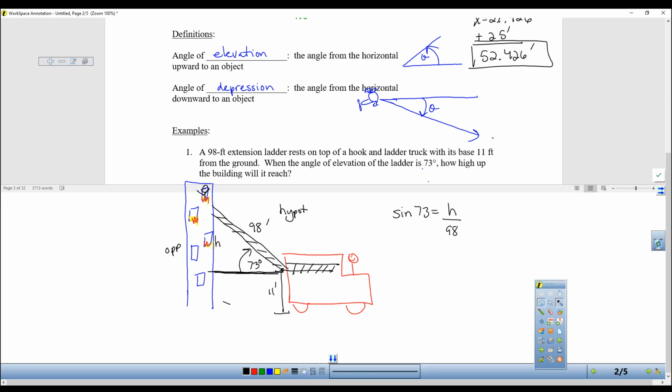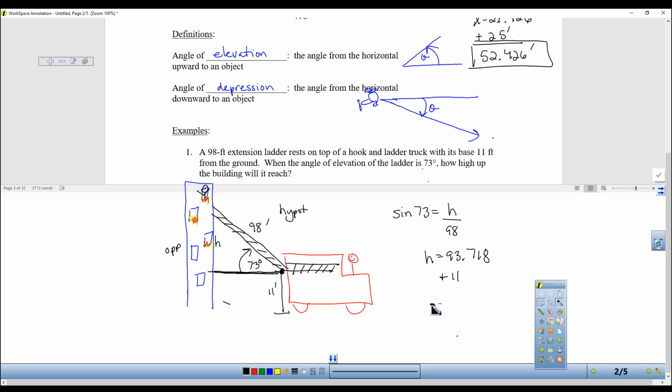Again, I'm going to type it into my calculator, sine of 73 times 98, and I get that the height is 93.718. But that's just the height from where the ladder has its base. That ladder base is a good 11 feet off the ground.